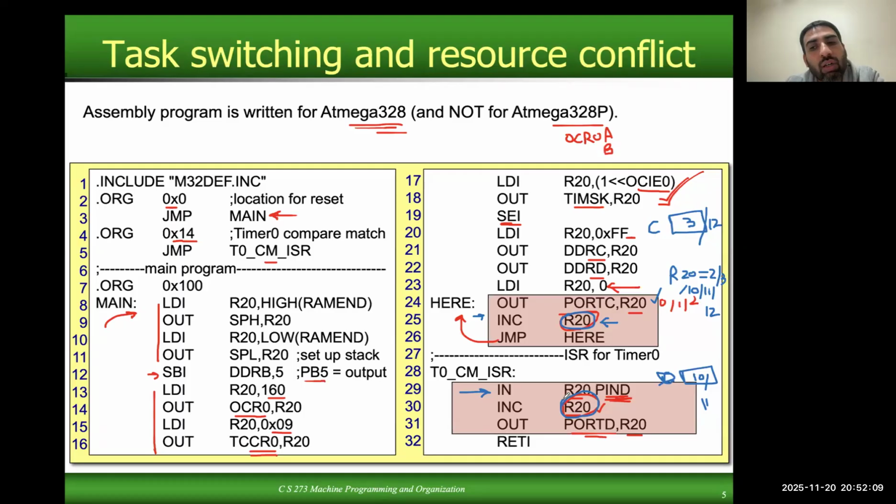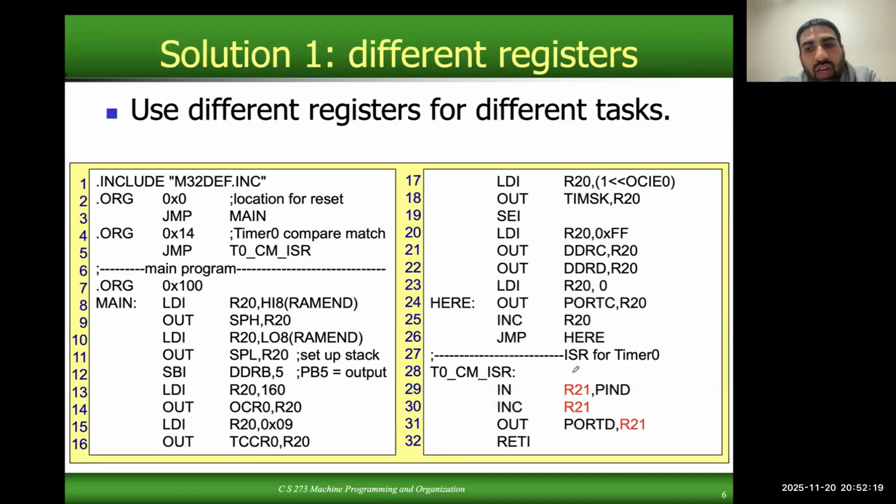It is straightforward, I think many of you already suspected it: simply use a different register. For example, in the loop I will keep using R20, but in my ISR, instead of R20, I can use the R21 register. And as a result, now your conflict is gone, right?